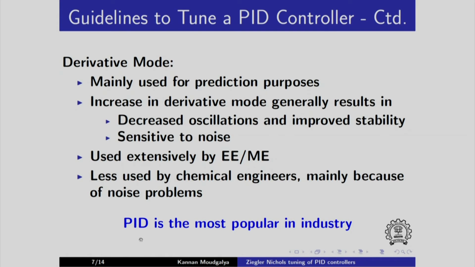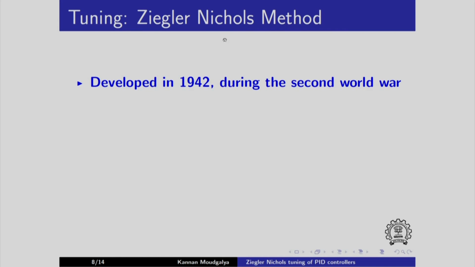I would say at this point that chemical engineers perhaps should use the derivative mode more often. In any case, PID is the most popular controller in industry. Let us now take up the tuning of PID controllers by the very famous Ziegler-Nichols method. This method was developed in 1942 during the Second World War.